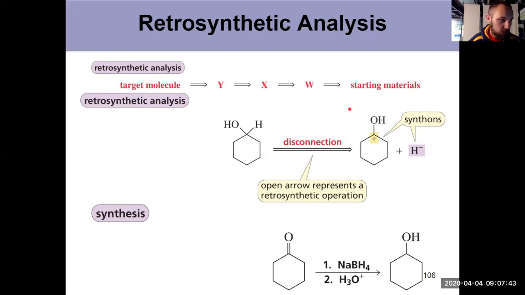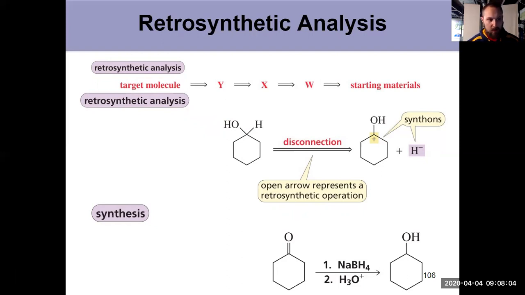So what does that look like here? If we're trying to do a retrosynthesis here of cyclohexanol, I do a disconnection along this bond, producing two synthons here, with a carbocation here and hydride. And then I think, okay, well, what could be equivalent to those?